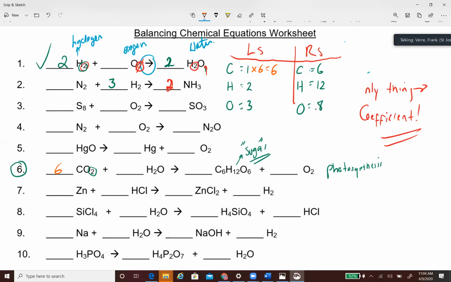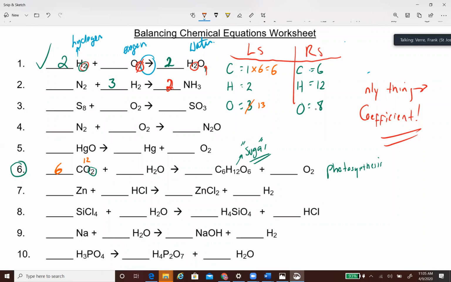That also changes the number of oxygen, because now it's 2 times 6, so we have 12 oxygen from over here, plus another 1. That changes the amount of oxygen to 13.